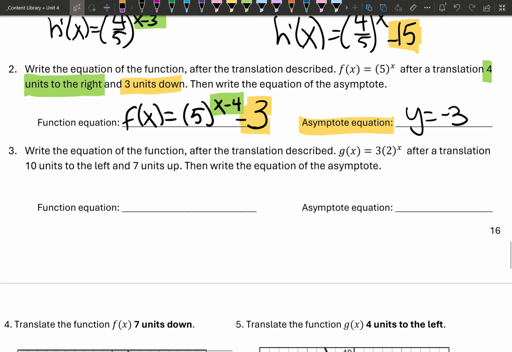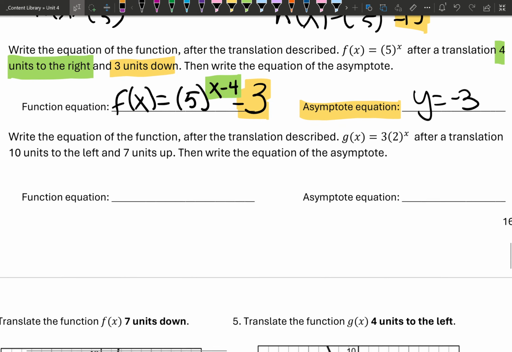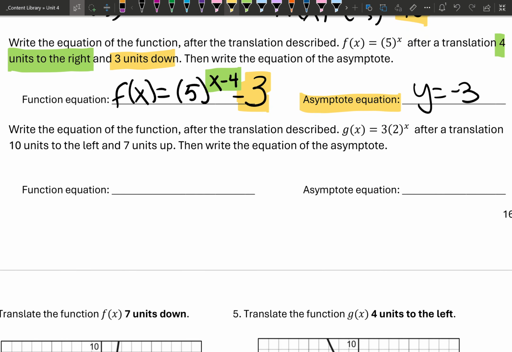Let's try that one more time with number 3. Here's g of x. Let's translate it 10 units to the left and 7 units up. And then we'll write the asymptote. Again, the asymptote is going to be directly related to our movements up and down.